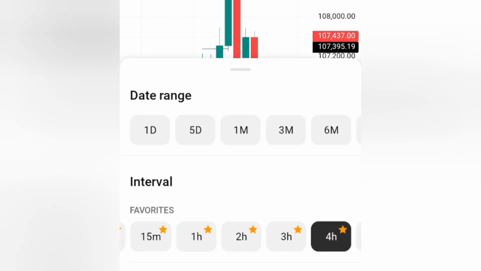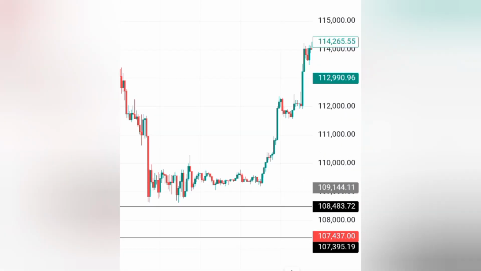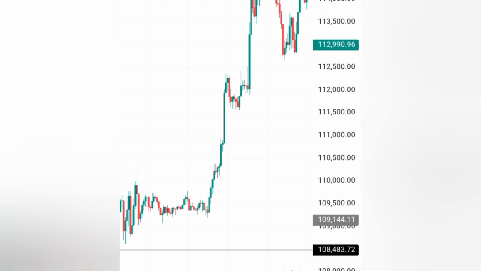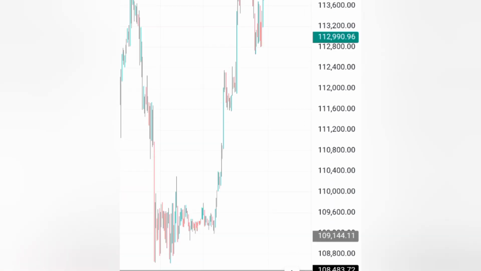Buyers and sellers pushed the price around, but it closed almost where it opened. Just know alone it's neutral, but near support, resistance, or trend lines, it can hint at a potential reversal or continuation. So now let's see an example of a Doji.